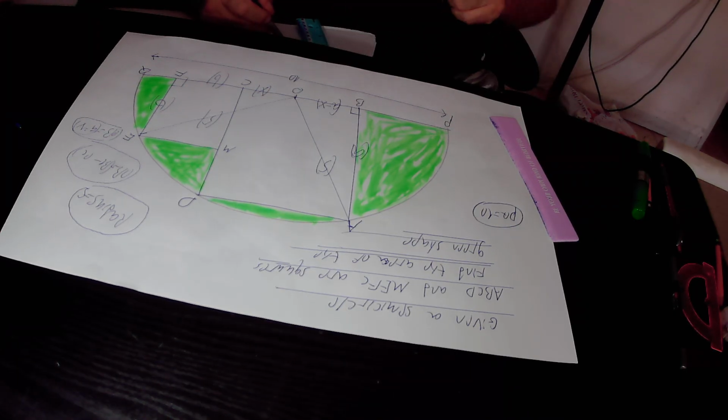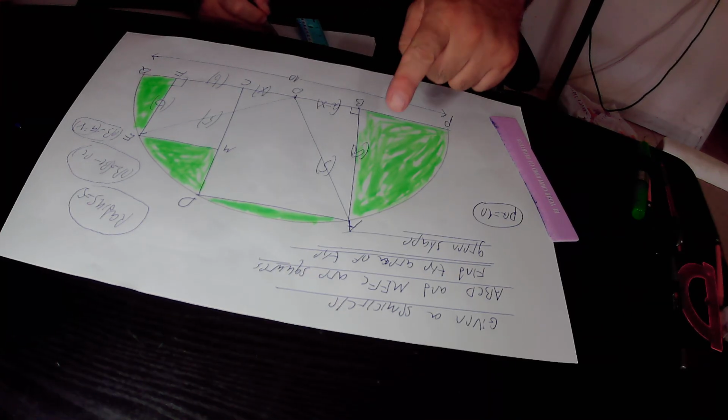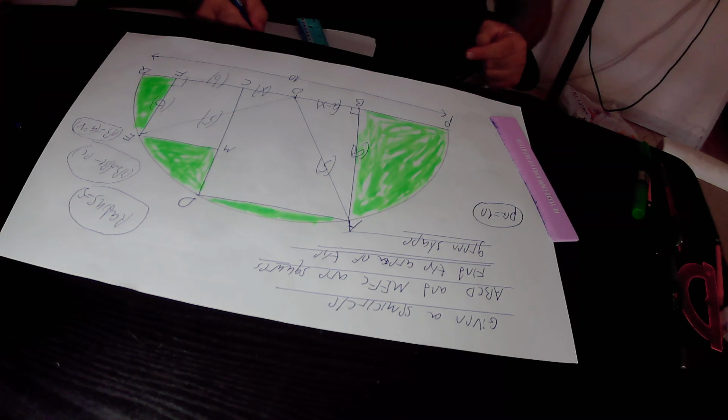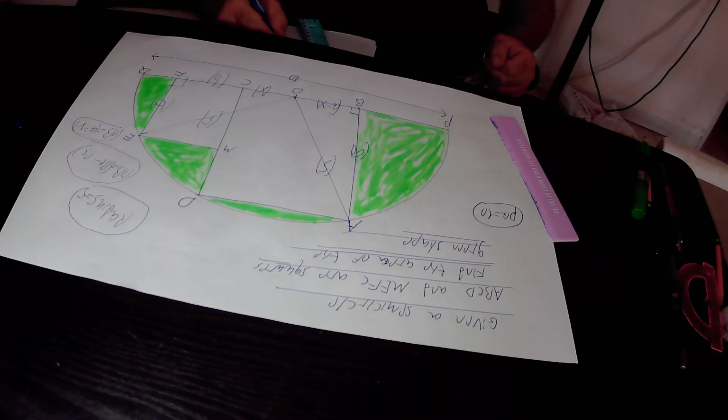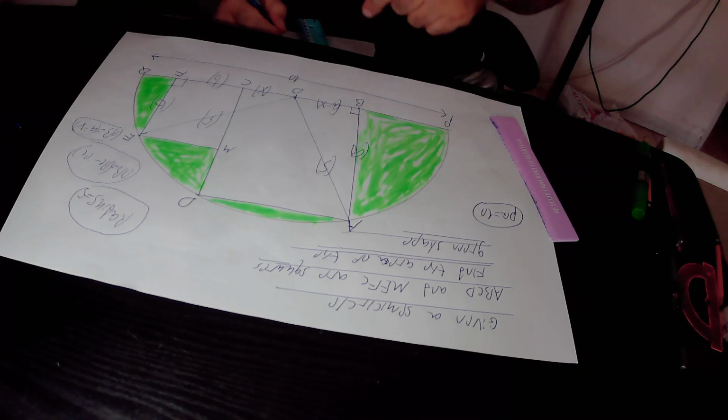Side BO of the right triangle ABO equals A minus X units in its length. The hypotenuse AO equals 5 units, the radius of the semicircle, and AB equals A units according to our definition. It is one side of square ABCD.